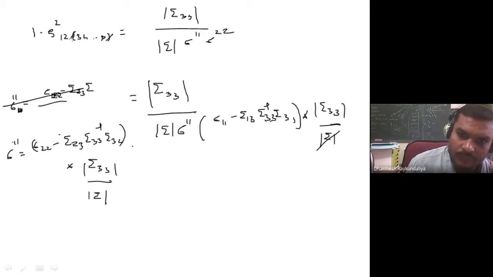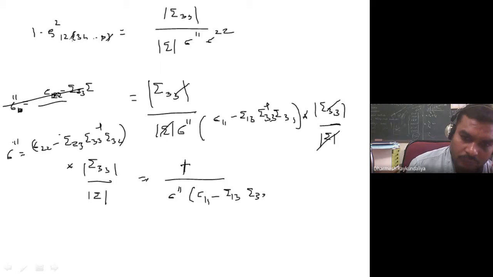Okay, so this will cancel out and this will cancel out. So what will you get? You will get 1 upon sigma 1 1 into sigma 1 1 minus sigma 1 3 sigma 3 3 inverse sigma 3 1.